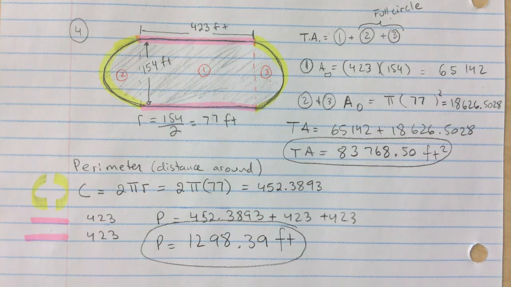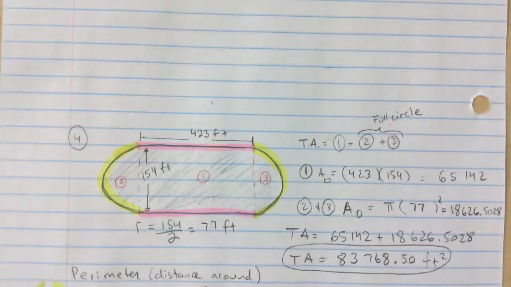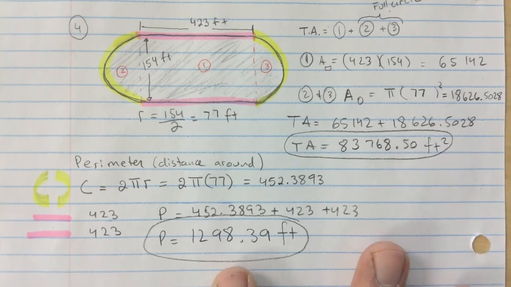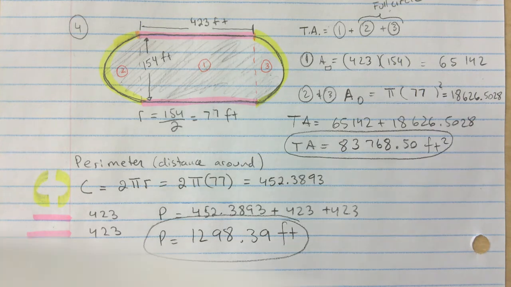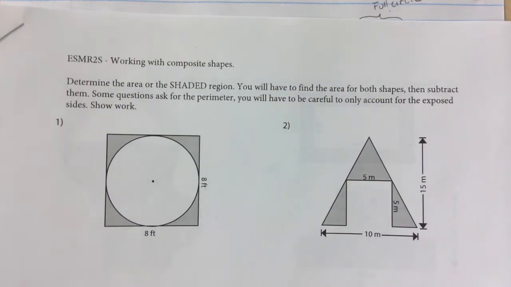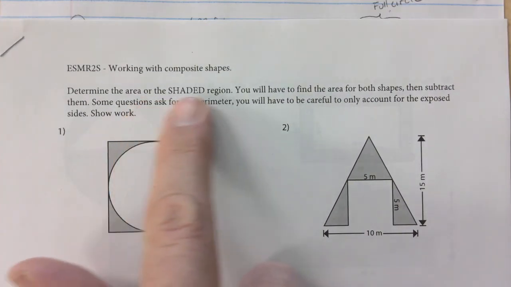All right, so if you came through my class last week, you should already have this handout that I'm about to show you. Maybe I'll just leave that there, and then you're still copying. It's called Working with Composite Shapes.